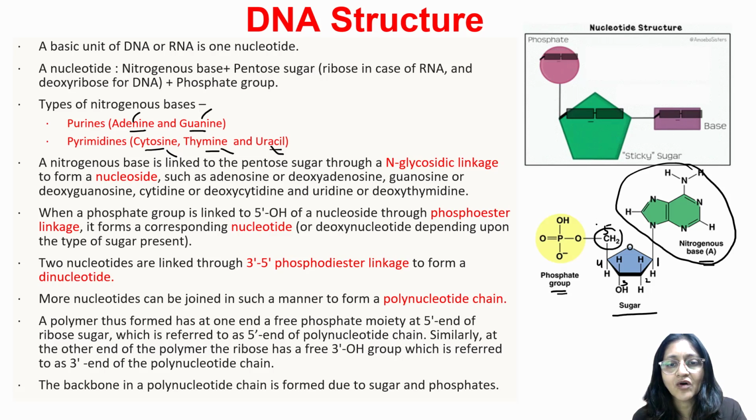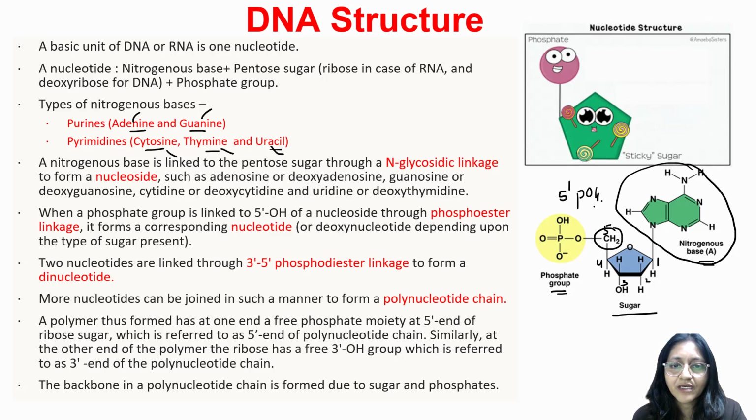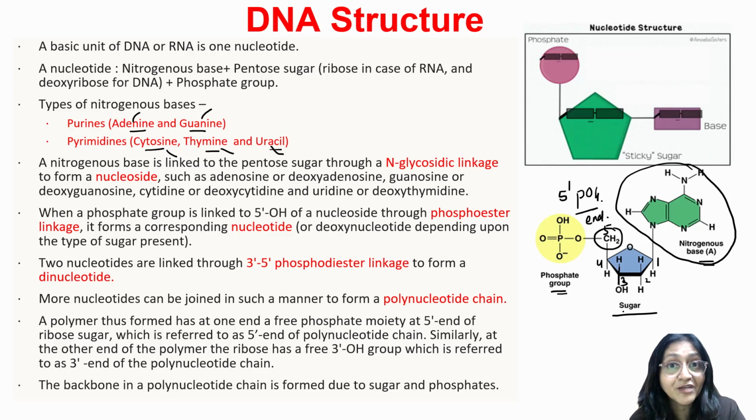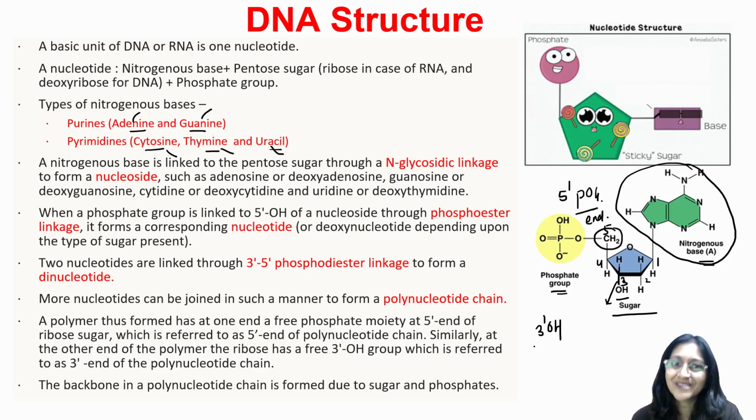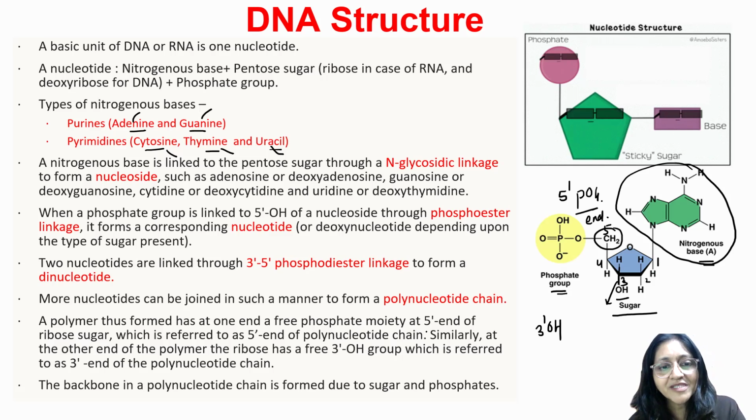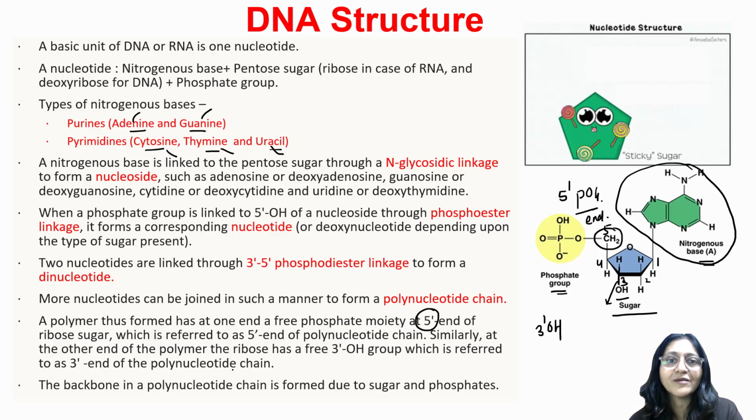So this one is called the 5' phosphate end of the nucleotide. And at carbon number 3, what do you have? You have an OH group. So this is called the 3' OH group. Simple, right? These numbers are nothing but the numbers of carbons. Why do you give numbers to the carbons?